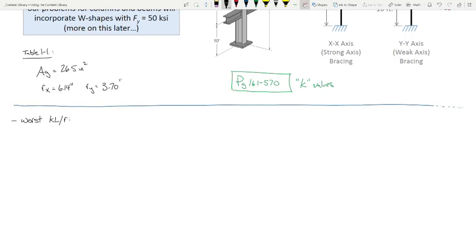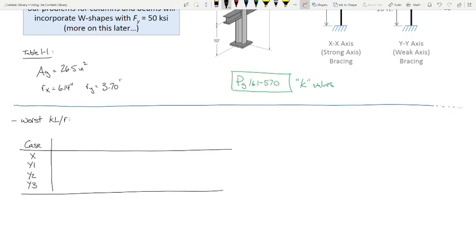So I'll say case here, and I'm going to say this is case X, Y1, Y2, Y3, because there are three on the y-axis and only one on the x, just to keep it simple.